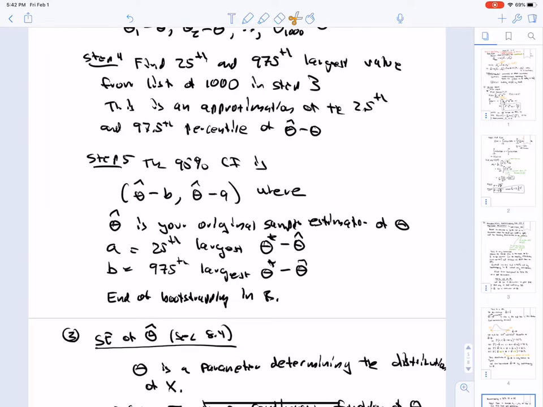Finally, the 95 percent CI, from what we saw earlier, is theta hat minus B, comma theta hat minus A, where theta hat is our original sample estimate of theta, and A is the 25th largest theta star minus theta hat, and B is the 975th largest theta star minus theta hat.